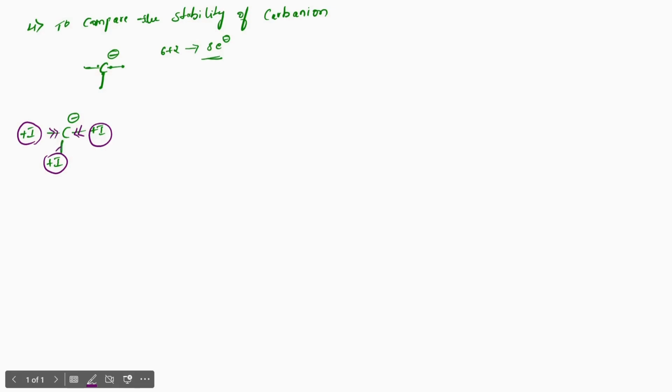All three positive inductive groups are going to donate the electrons. Here, carbon has negative charge that indicates high electron density. So, to the high electron density species, all three positive inductive groups are donating electrons, which further increases the electron density. Further increase in electron density decreases the stability.